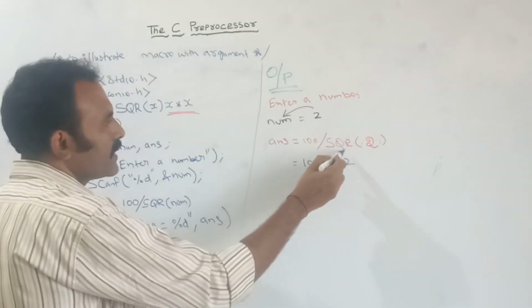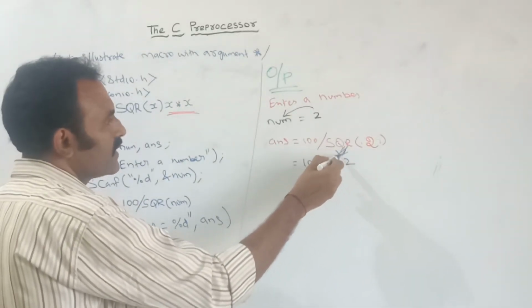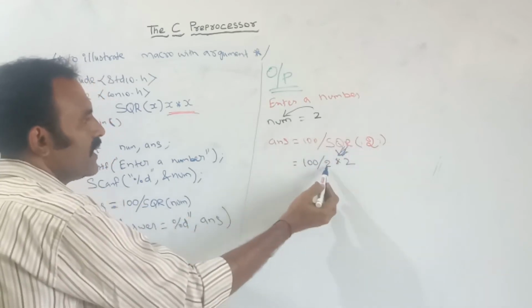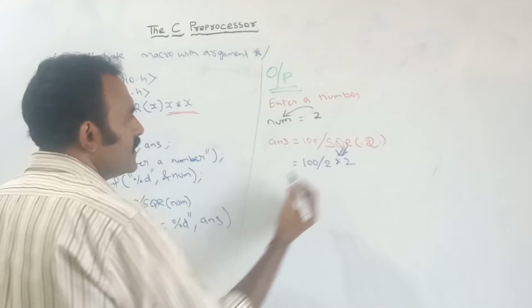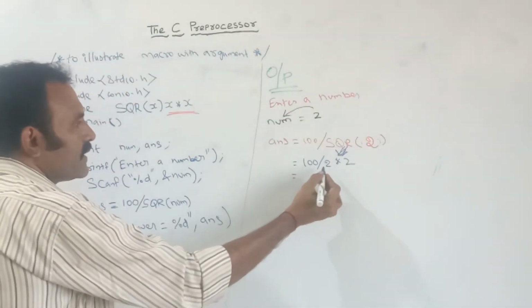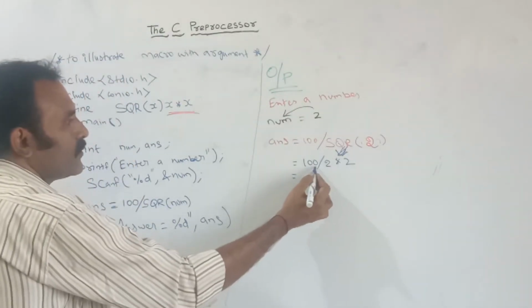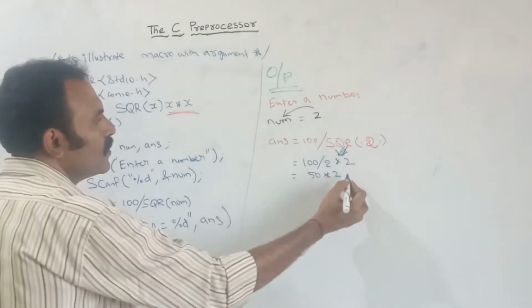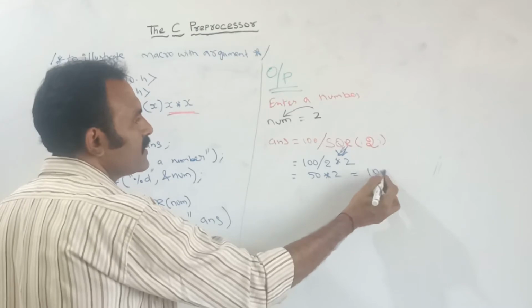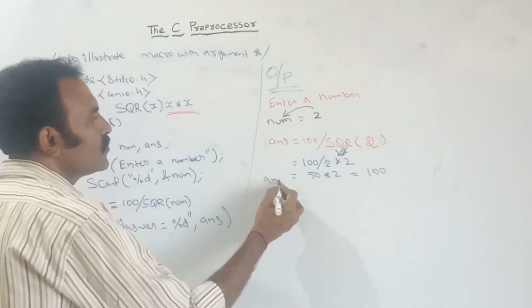After getting the value, this value is multiplied 2 times. This is the definition part. Here it will take it like this: 100 divided by 2, first 50, next into 2. So finally the answer will be stored like this, 100 will be stored to ANS.